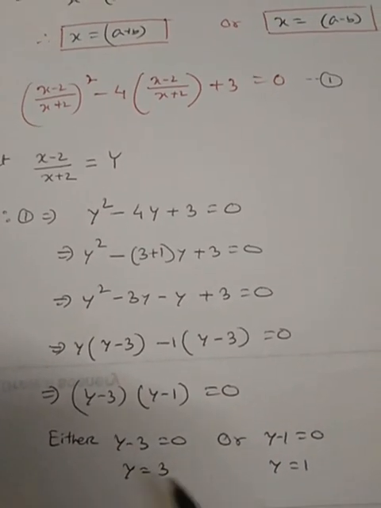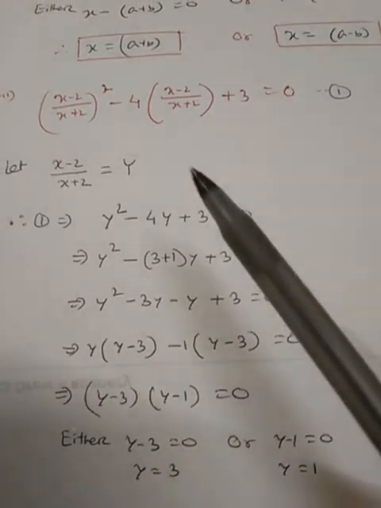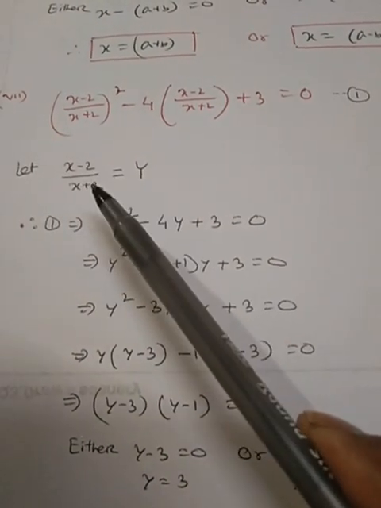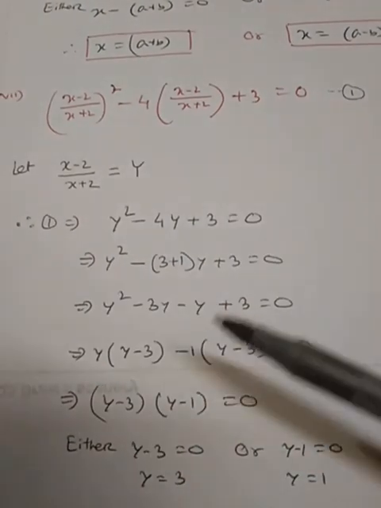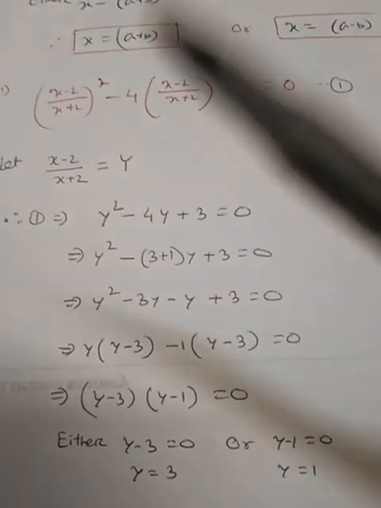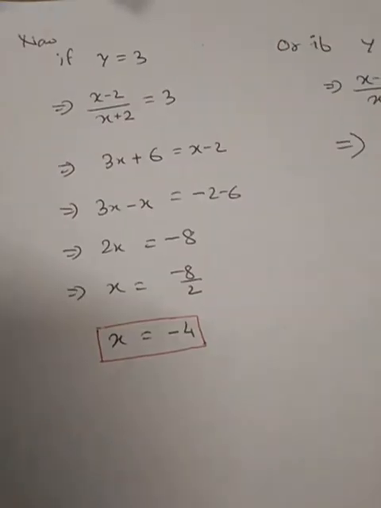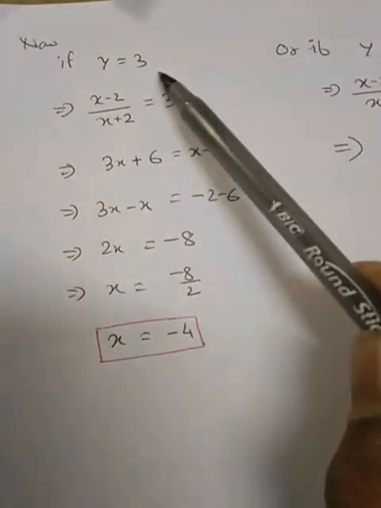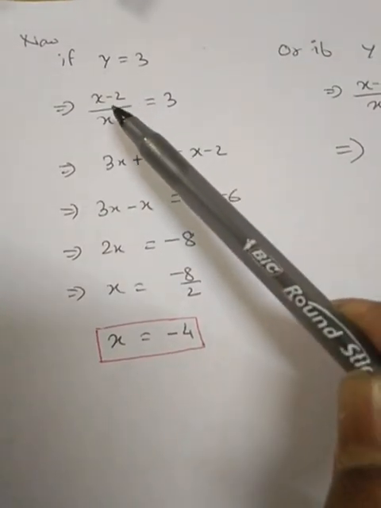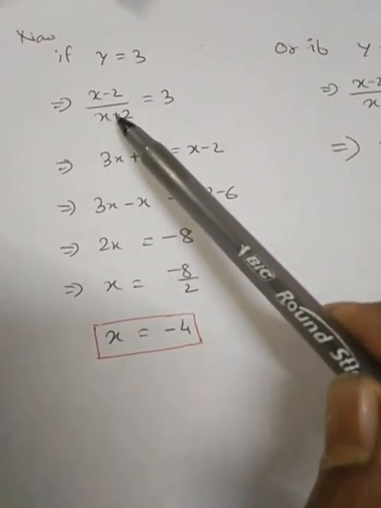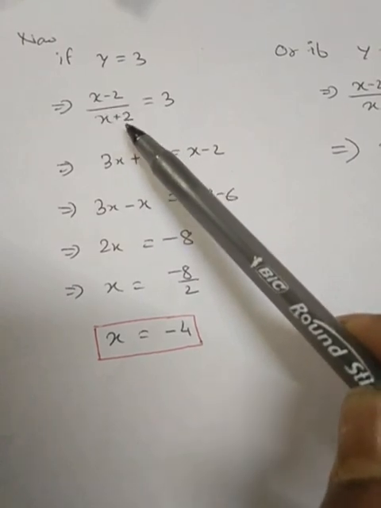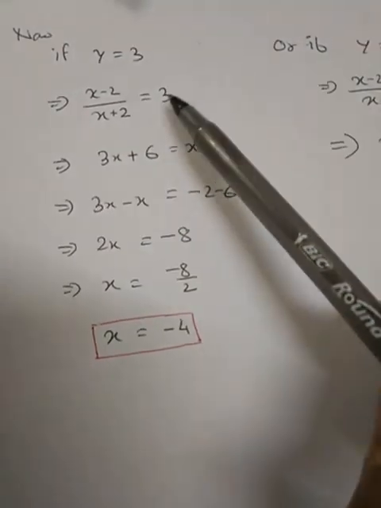Now using these two values we will have to find x. Here in place of y we will put both the values, and let us see. If we take y equals 3, then in place of y we have written this x minus 2 by x plus 2, so equals 3.